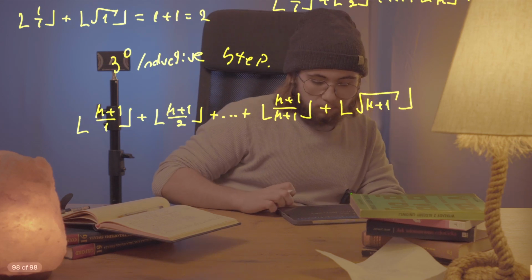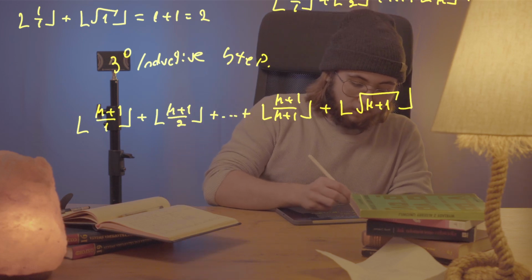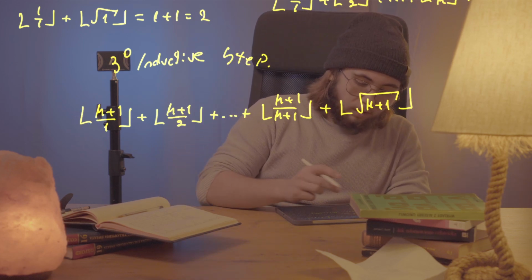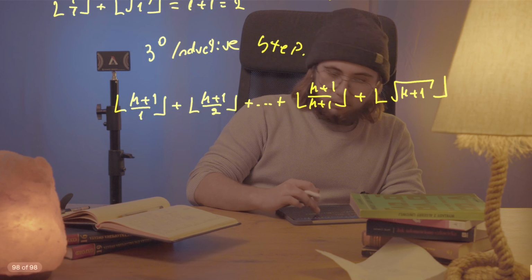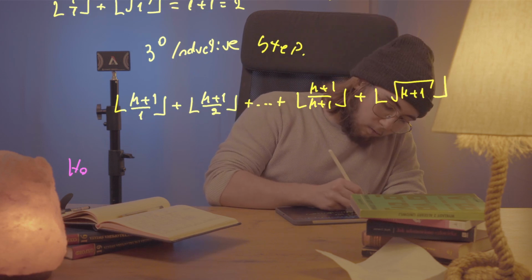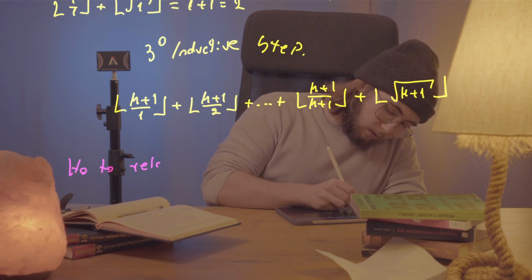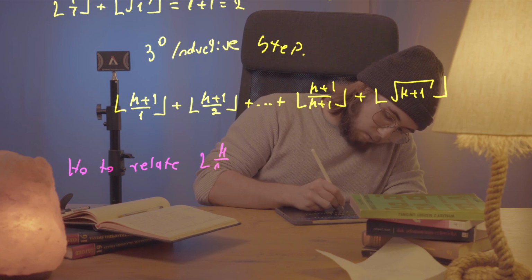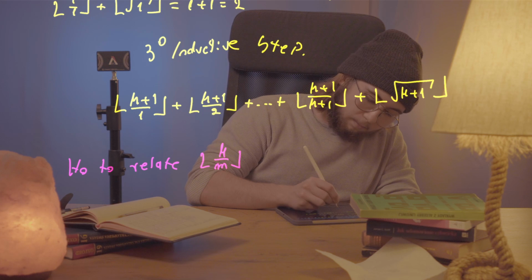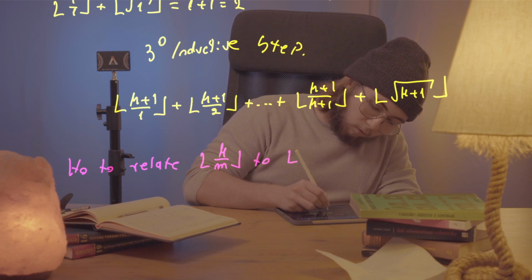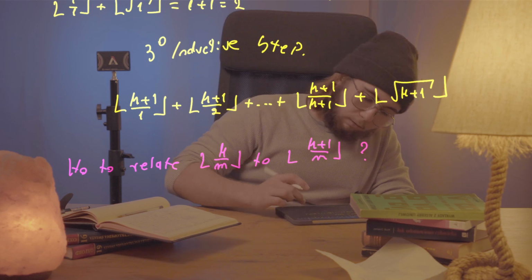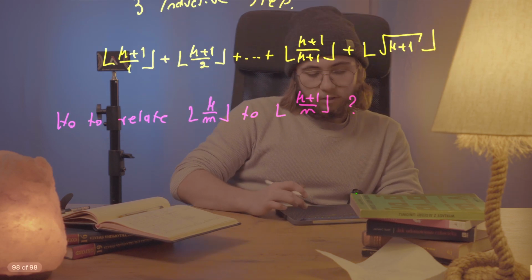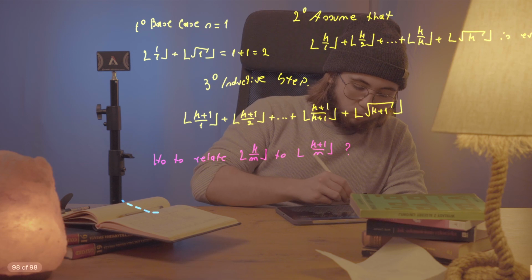So the fundamental question we have to ask here is how to relate, I'm gonna even write it down honestly, the floor of k by some, let's say, m, to the floor of k plus 1 by the same m. Well, I would like to answer this question using a piecewise function.